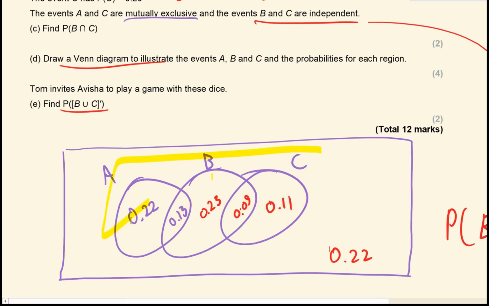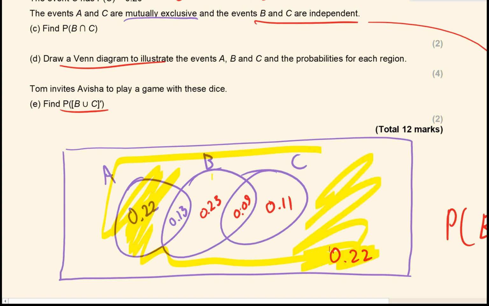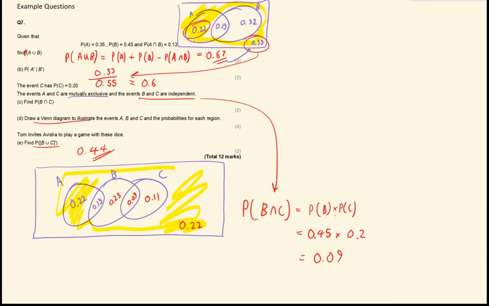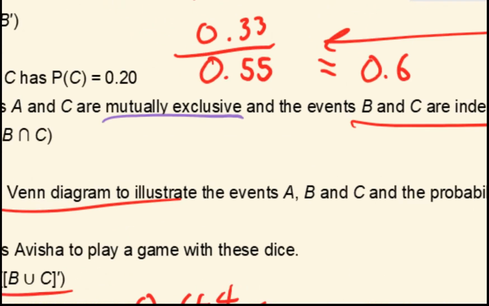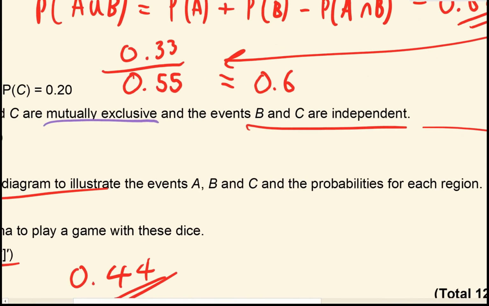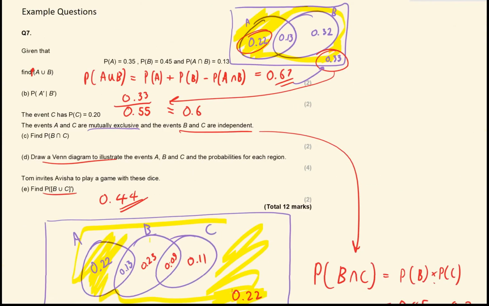So I want everything that's not in B or C, which would be everything outside those two circles, which is just these two numbers. Add them together, and we are done. Okay, so these questions can get fairly messy. The key thing that we're going to test you on is, do you know and can you use the fact that things are mutually exclusive and independent? So make sure that part of this video made sense to you.